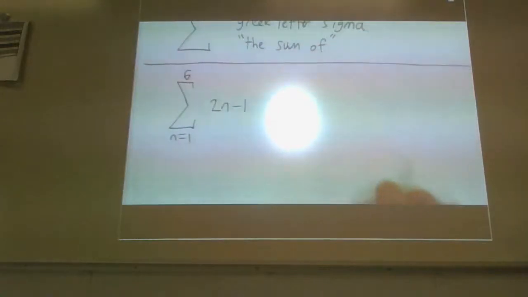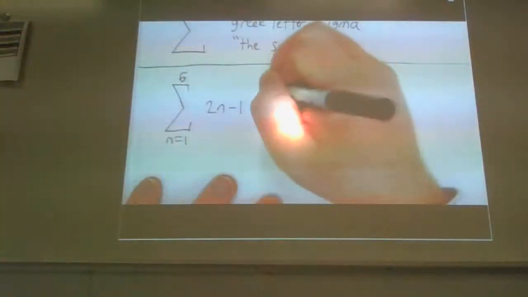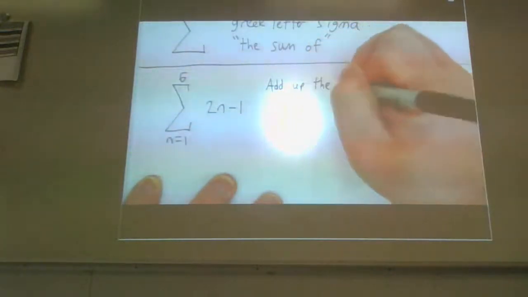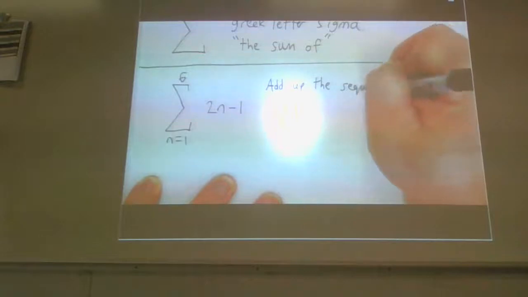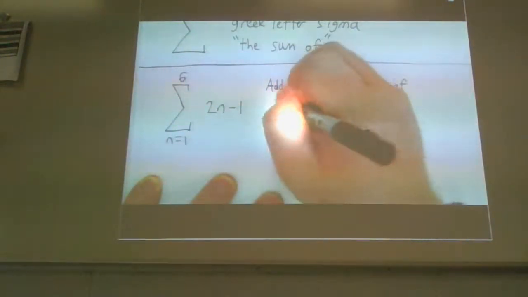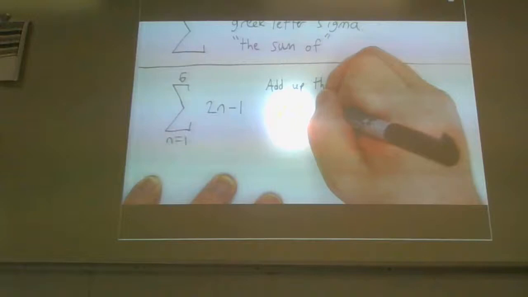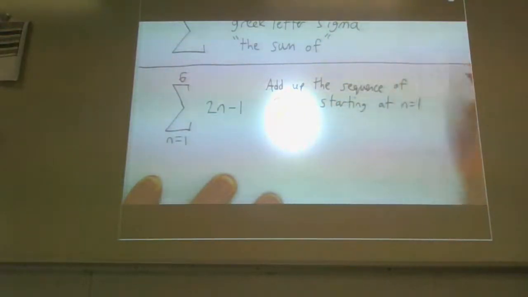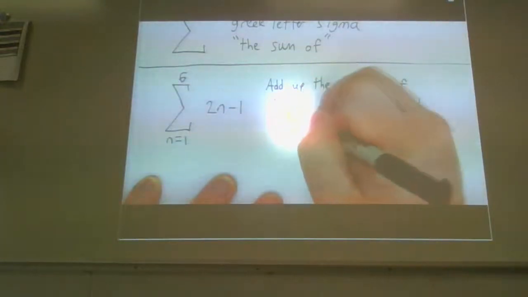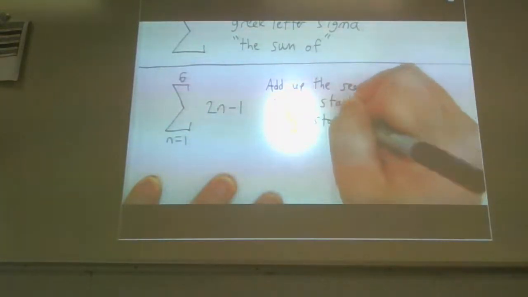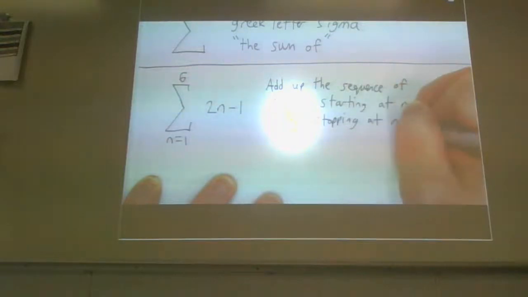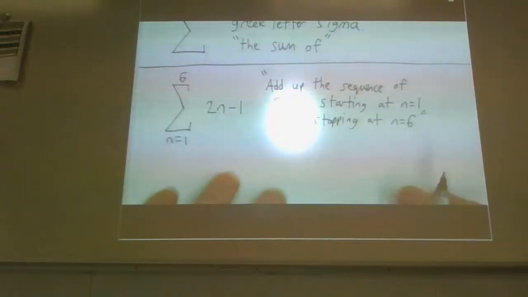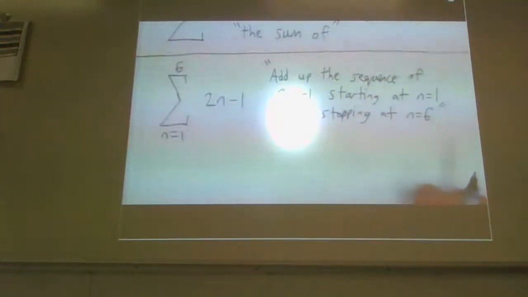Now, what this is really saying is it wants you to add up the sequence of 2n minus 1 starting at n equals 1 and stopping at n equals 6. I'm going to put that in quotations. That's literally what this problem wants you to do.